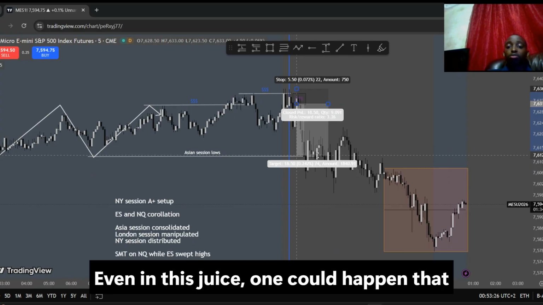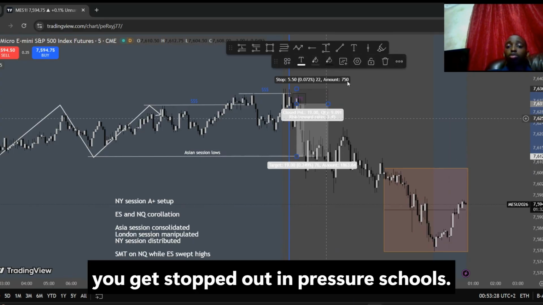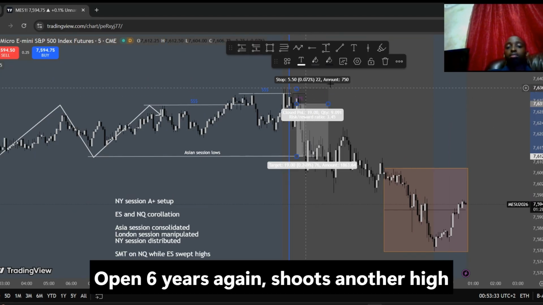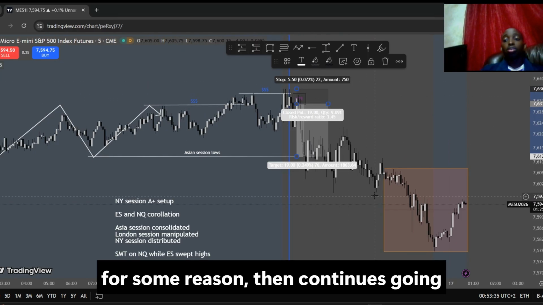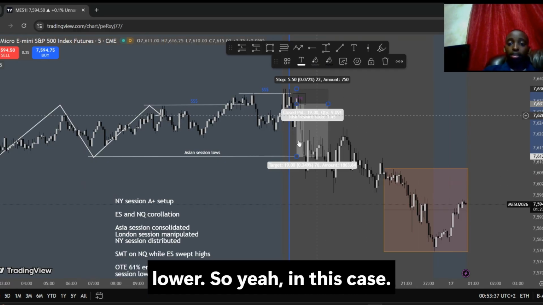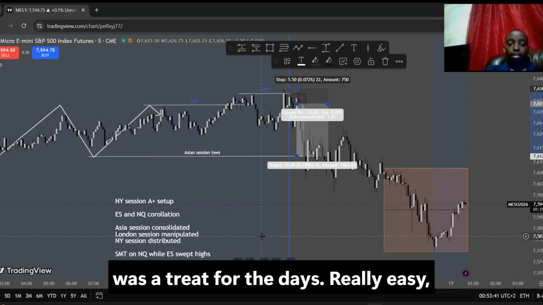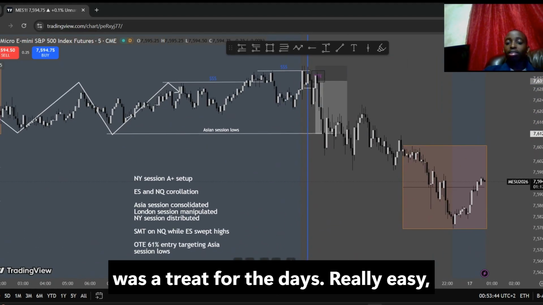It could happen that you get stopped out and price just goes up and takes you out again, sweeps another high for some reason, then continues going lower. So in this case, it's best just to play it safe. And that was our trade for the day. It's really easy, simple and clean.